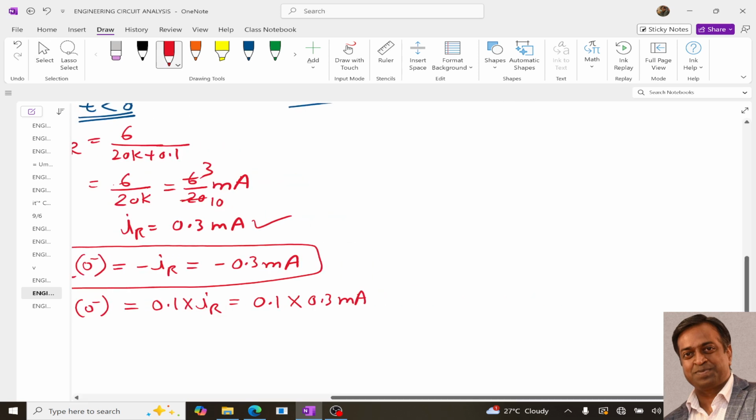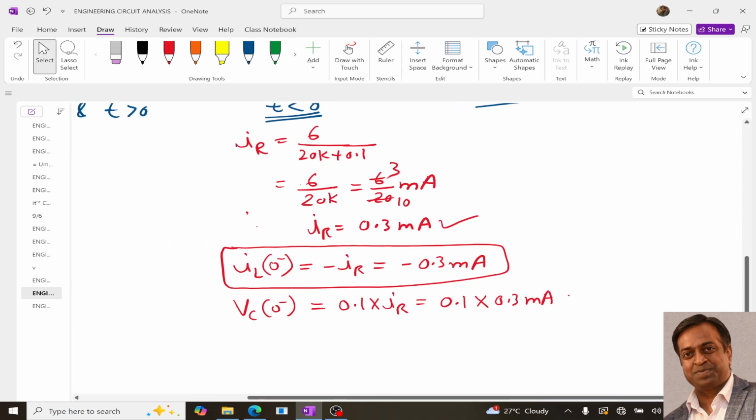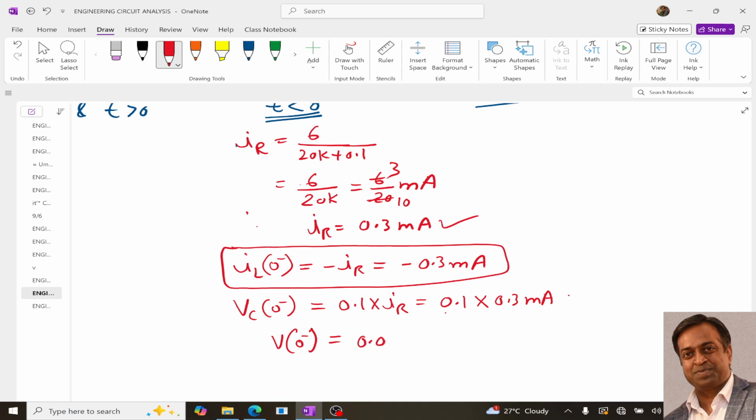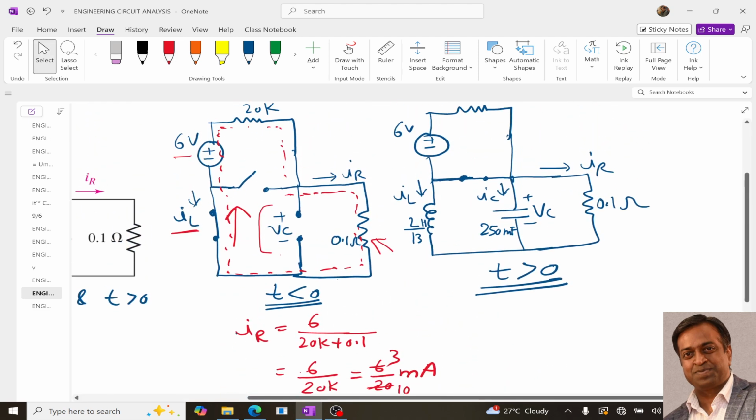So VC at 0 minus is 0.1 times 0.3, which is 0.03 millivolt. So this is our initial condition. We get the two initial conditions with this.